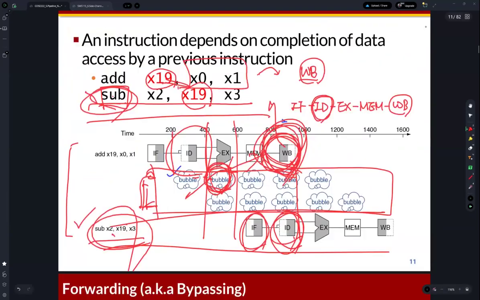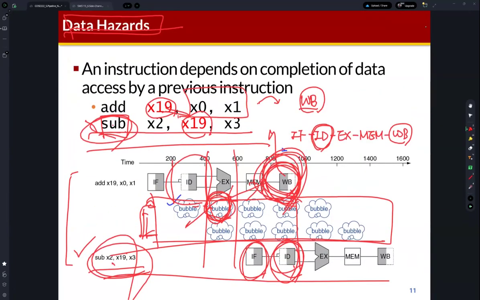So data hazard is actually very critical for performance. If we just consider the CPI, we can find that because of data hazard, the CPI is increased.